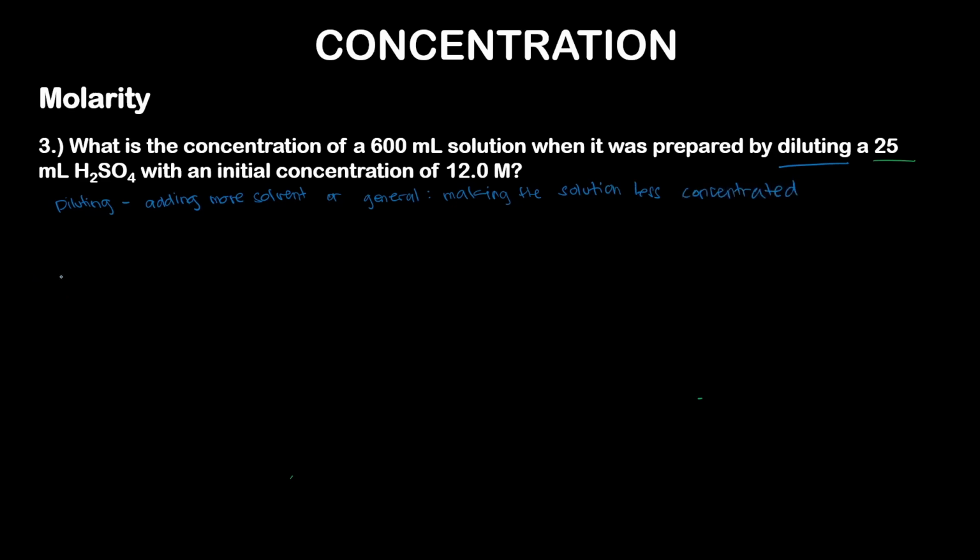Okay, if we recall, the concentration is the amount of solute over the amount of solvent, or amount of solution, right? So when we increase the amount of solvent, let's say C is the concentration, then C decreases.